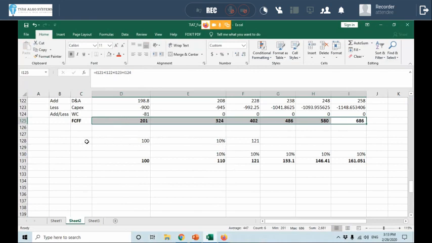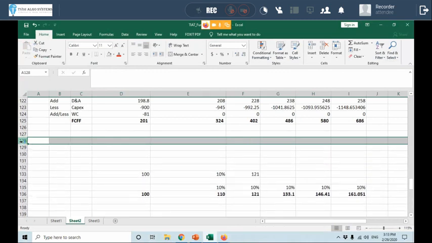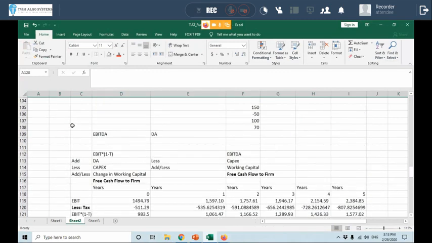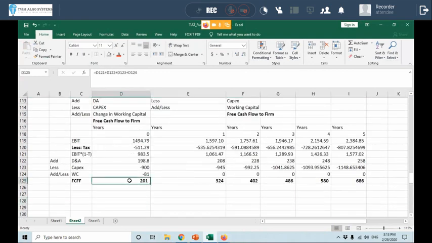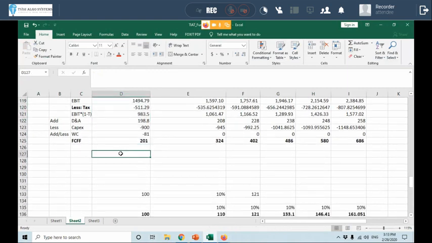Suppose you say you want to earn 10% every year. Right now you are standing in this particular year, so this 201 is the right now value of your business, the free cash flows.